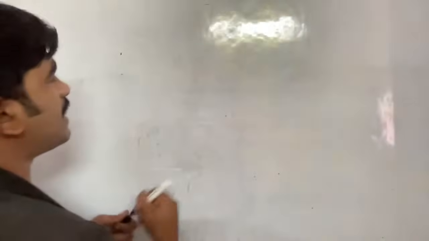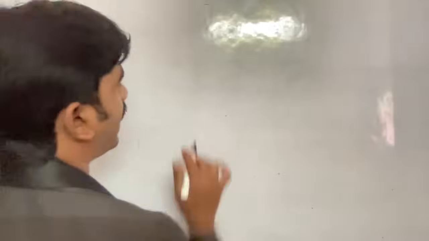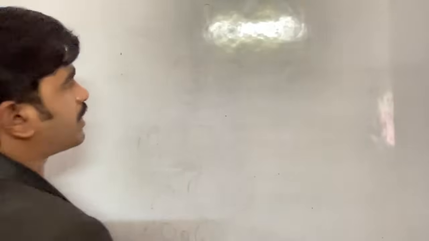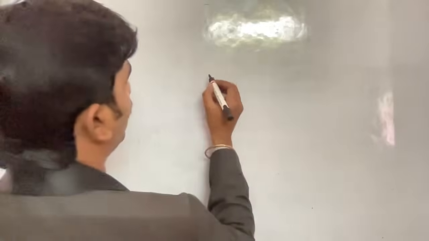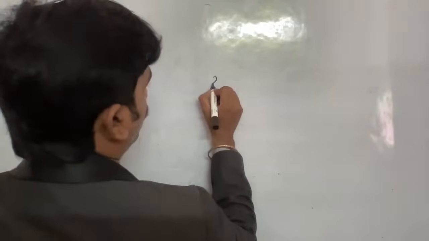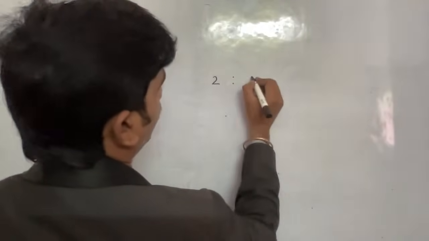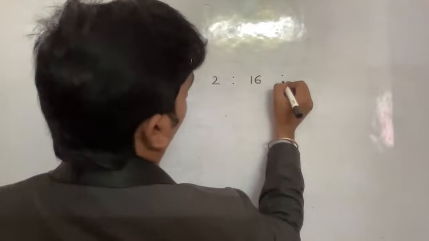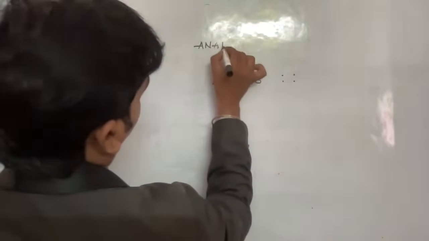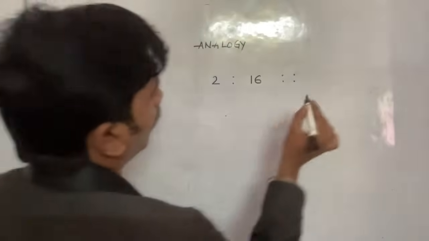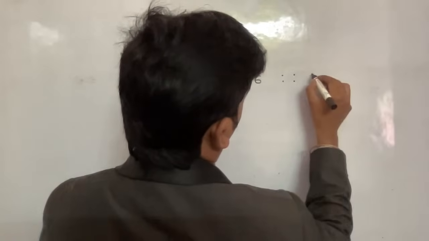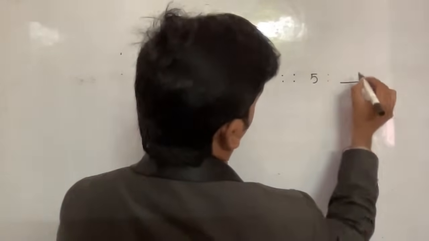For example, if you can observe, any question is given in this way. Question is given like this: 2 is 16, then 2 is 16, then 5 is what?